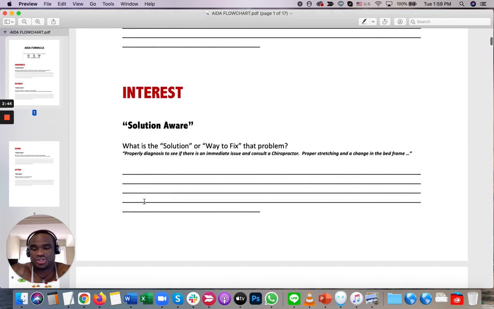The next is solution aware. They may know how this is supposed to be fixed, but they're just not doing it. So you want them to write in here, or if you do, properly diagnose to see if there's an immediate issue. In this example, if they're suffering from back pain, then they know that in order to fix it, they need to consult a chiropractor.